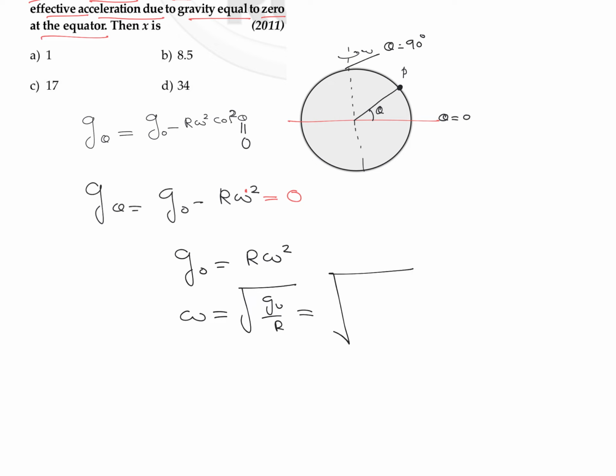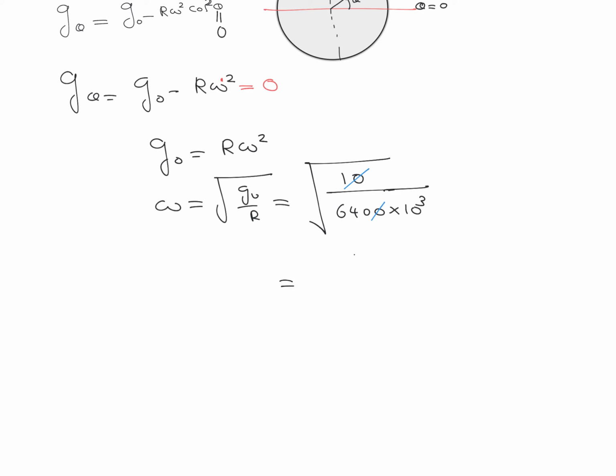So we can write this as under root of g0, which you can approximately take as 10, divided by r, the radius of Earth, which is around 6400 kilometers. So 6400 into 10 raised to 3 meters. So this 10 and 10 over here get cancelled. So we can write this as 1 divided by 64 into 10 raised to 4.